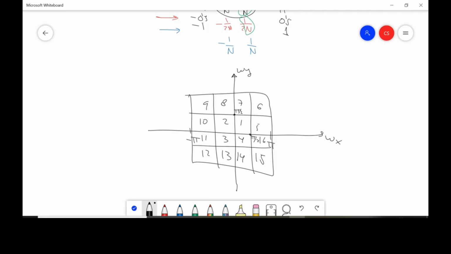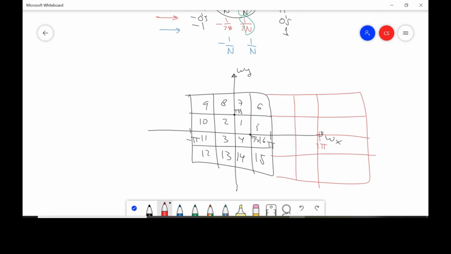Okay, but we know that we have copies. So let's make this copy here. We have copies at 2 pi, and we have the same spectrum. Whatever is in this region, we will have it there. So we have 1, 2, 3, 4, 5, 6, 7, 8.